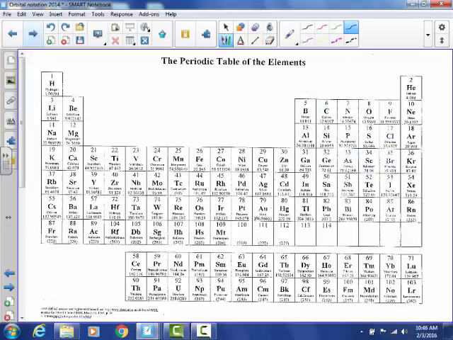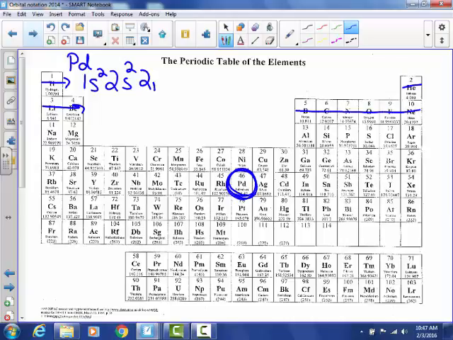Okay? We're going to do another kind of big one. Okay? We're going to go down here and we're going to do palladium, Pd. So, how do you get to palladium? Well, you always have to start up here, 1s2. Okay, that takes care of him as well. Then 2s2. 2p6. 3s2.